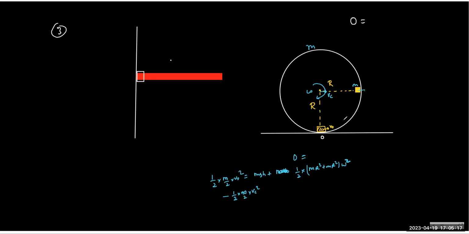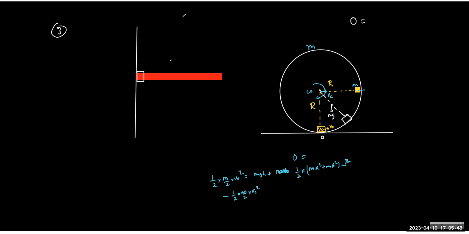We can't conserve the angular momentum, because gravity is acting here. So when the block is here, the mg of the center of mass will be somewhere here, right? And this will not let you conserve the angular momentum also, because it will create a torque, right?